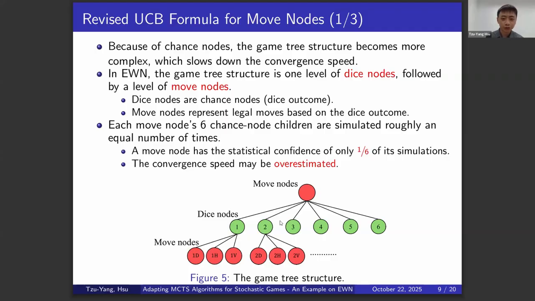Each move node's 6 chance node children are simulated roughly an equal number of times. However, only one of the dice outcomes will occur in the real gameplay. So a move node has the statistical confidence of only 1/6 of its simulations. As a result, the convergence speed of a move node may be overestimated.